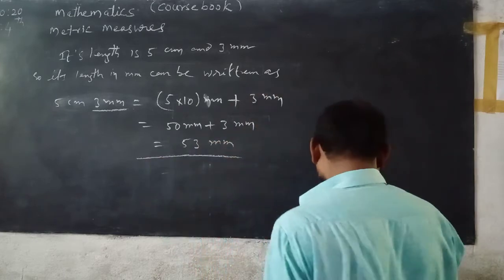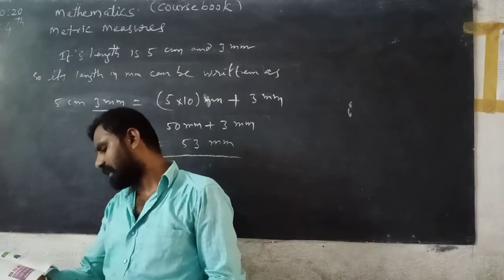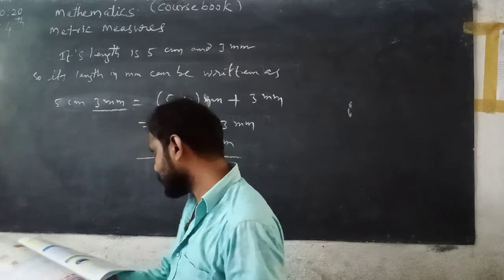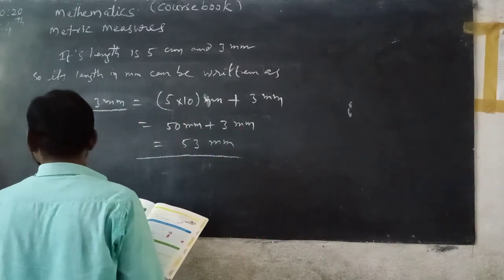Whereas the car's length in centimeter can be written as 5 centimeter 3 millimeter. How can you write it?